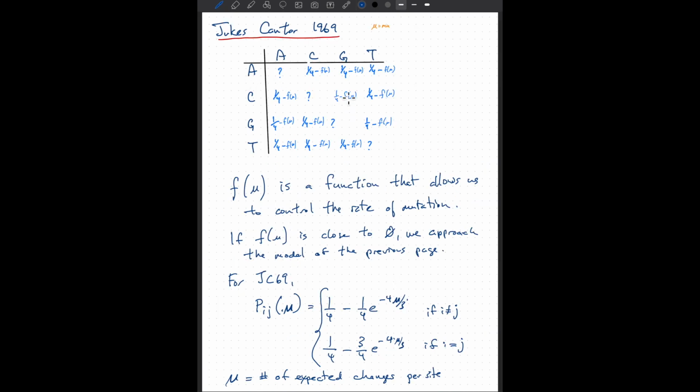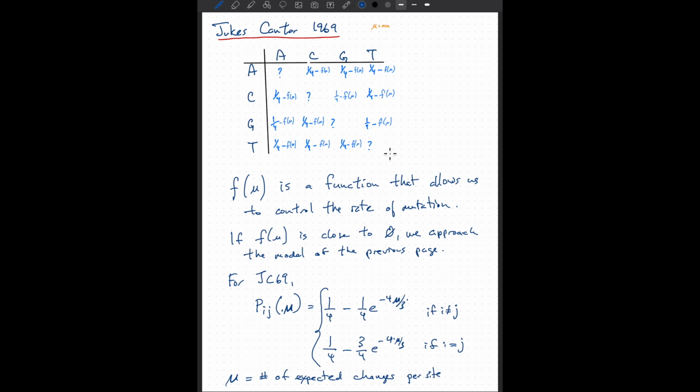I'm going to take one little more baby step to make it as simple as possible. I really want this function f at mu. I don't know what that is yet, but I want this function f at mu so I can subtract it off the 1/4. And it's the same f at mu everywhere, right? All over the place, right? Except the diagonal.